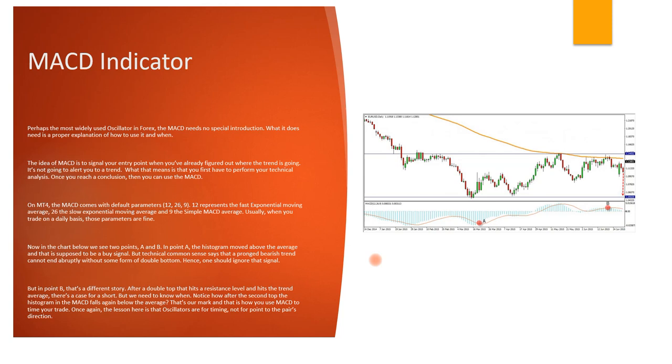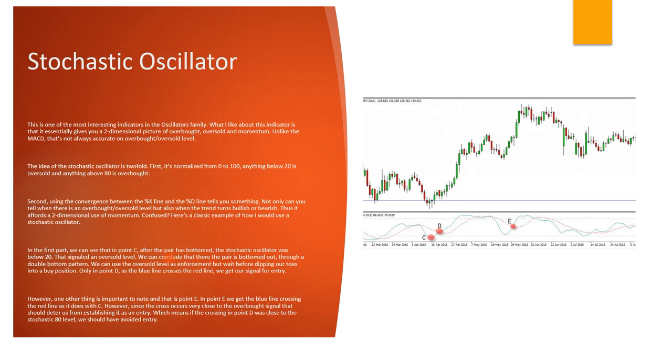But besides that, it also uses a histogram, and it will show us overbought and oversold conditions. So MACD gives us many pieces of information, and it is one of the most popular indicators in the marketplace.